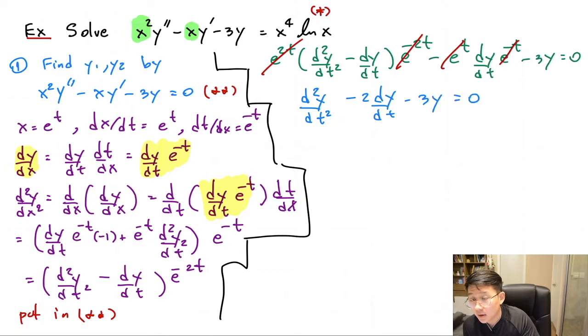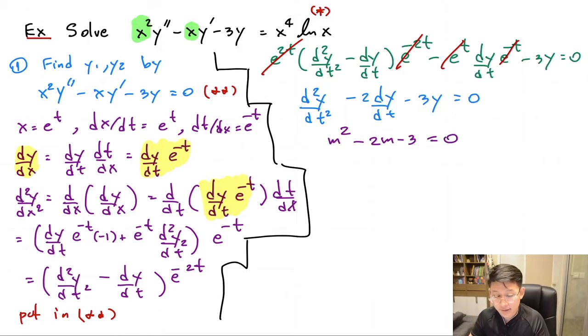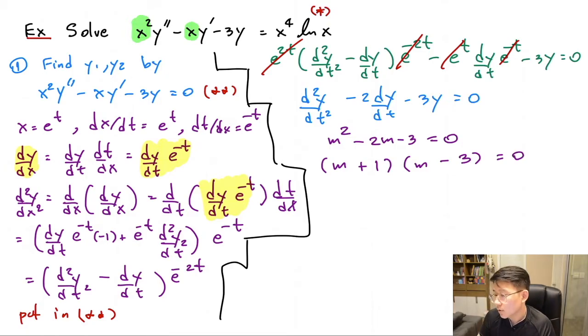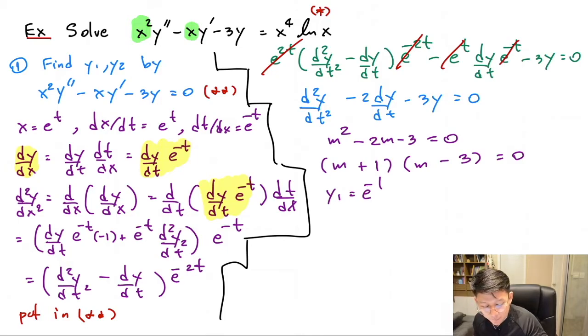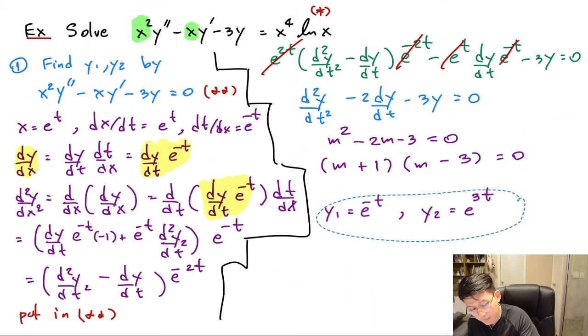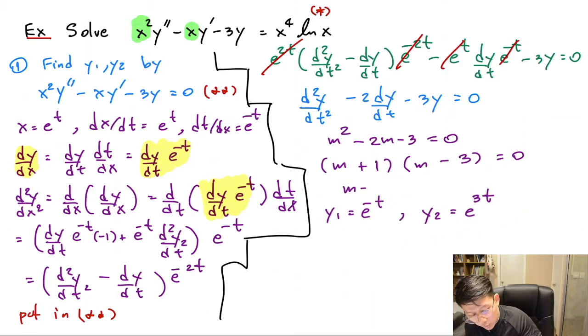Okay, and then we obtain the characteristic equation, which is this guy, and that is m minus 3 times m plus 1. Which means that y1 is e to the minus t, y2 is e to the 3t. Okay, I should have written another line, which is this line. M is minus 1 and 3.